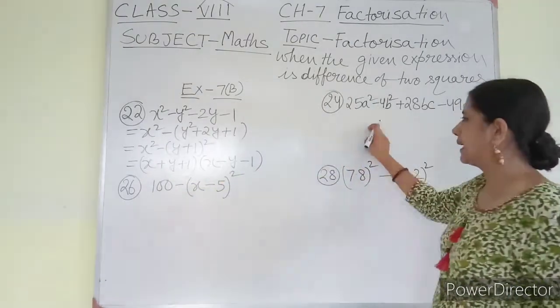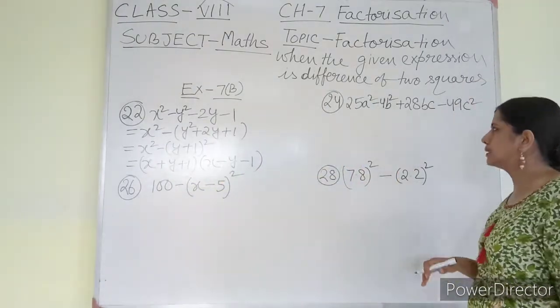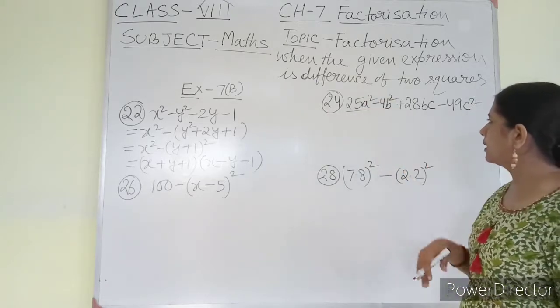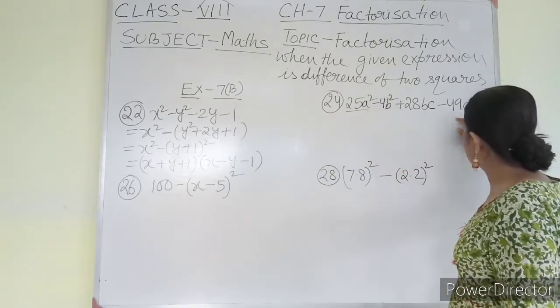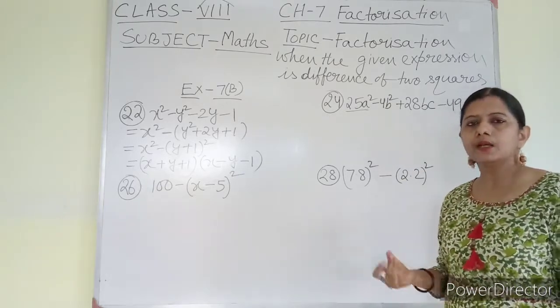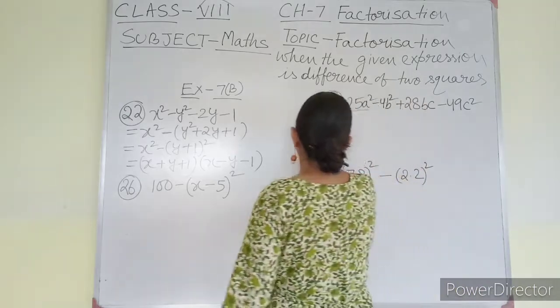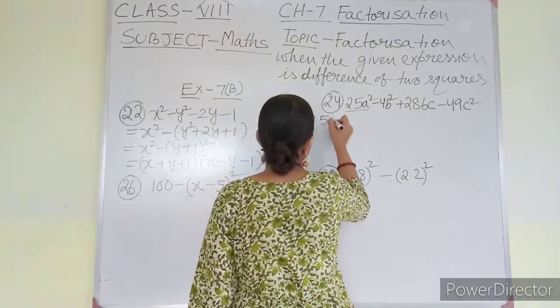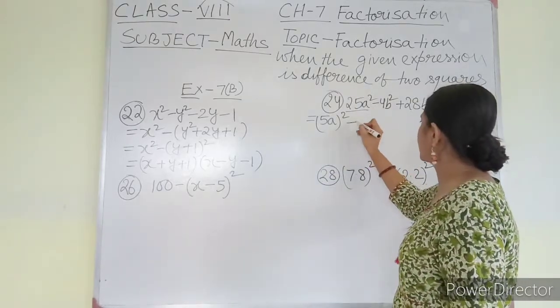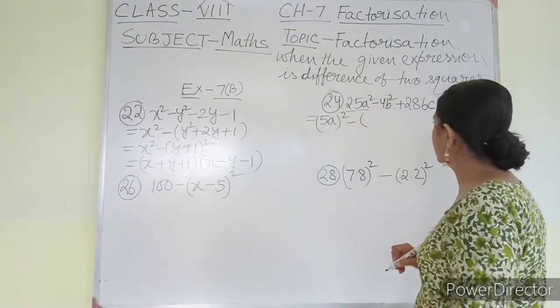Now this one. Again the same way this has to be written. This one is 5a whole square, and this number can be written in the form of a whole square using identity. So I can write it as 5a whole square. Now if I take minus sign common here, so what will be left here?